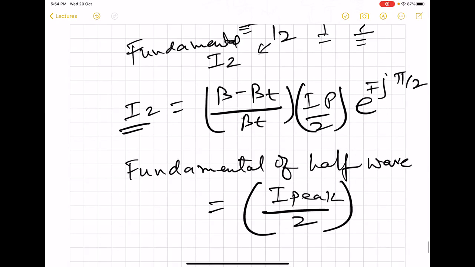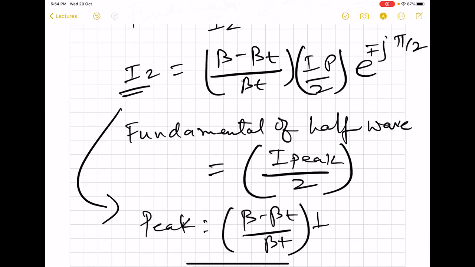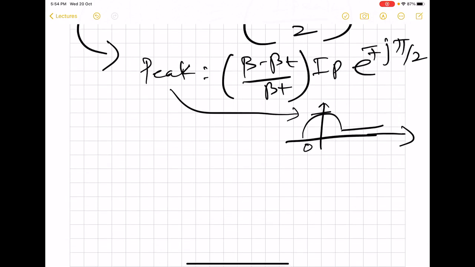That means the peak is beta minus beta T by beta T into IP e raised power minus plus j pi by 2. So this is the peak, right? So this peak is for the second case, auxiliary power amplifier case. So from here, we can now see that the magnitude is in fact going to be only this much. This is the phase part.